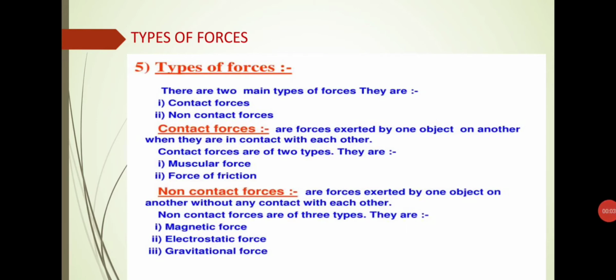Now we are discussing non-contact forces, which are forces exerted by one object on another without any contact with each other. Non-contact forces are of three types. Which are they? First is magnetic, second is electrostatic, and third is gravitational force.